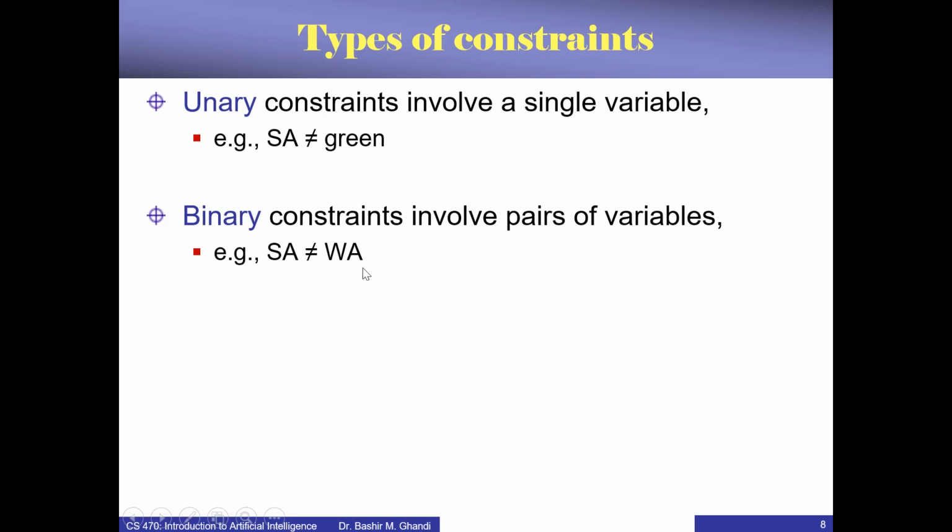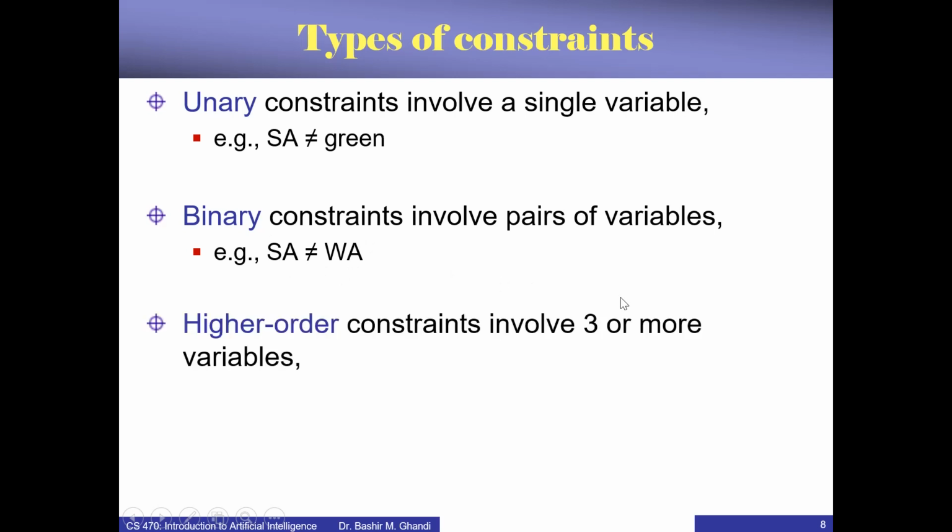This is called a binary constraint. As you can see, there are two variables involved, SA and WA. You may also have higher order constraints involving three or more variables. We may not be considering this kind of problem in this particular lecture, but you should be aware that they exist, constraints that involve more than two variables.